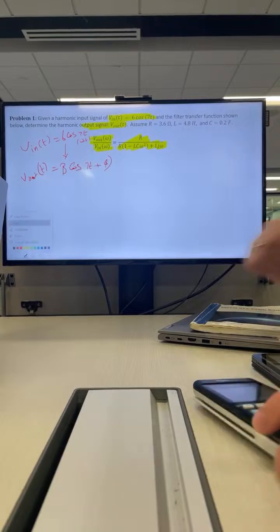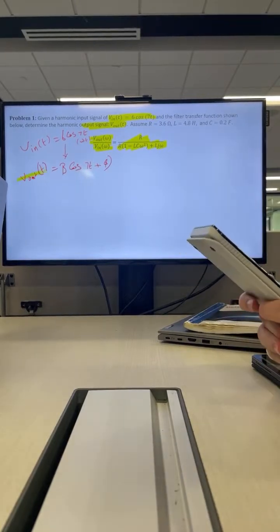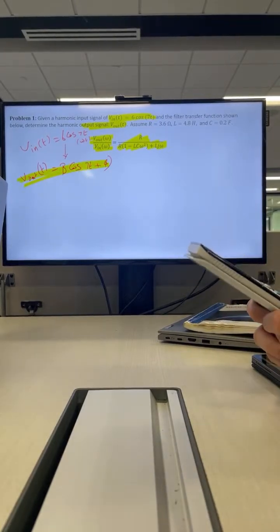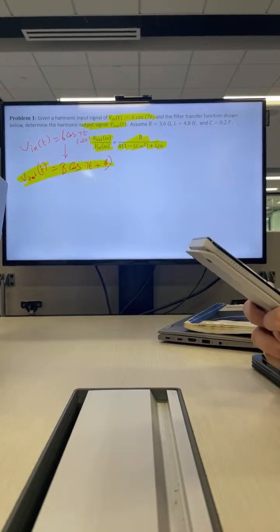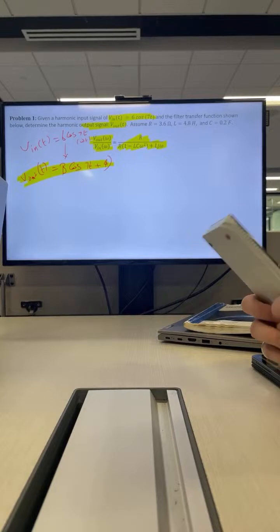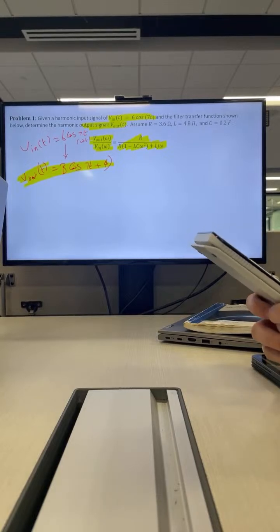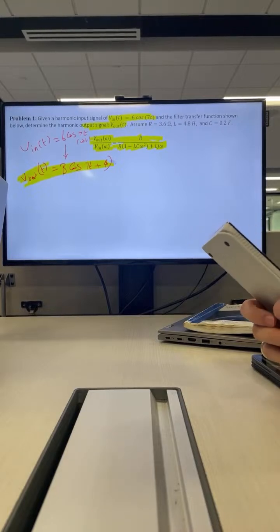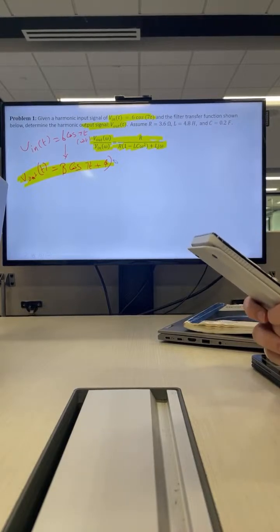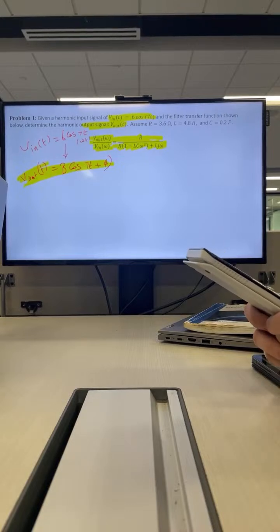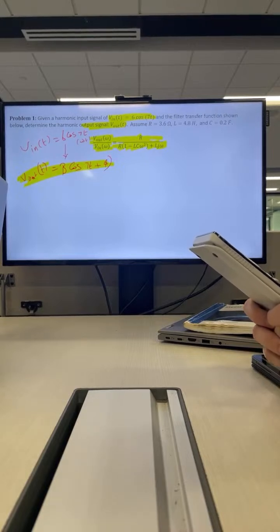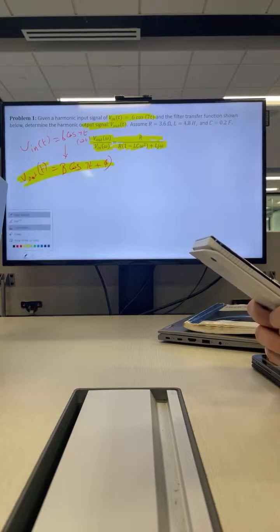This is how I need to have my final equation. Do you agree? Now you have to calculate the value for B and the value for phi from this equation. Am I clear, guys? Any doubts? Okay. Now can you proceed and tell me the values?